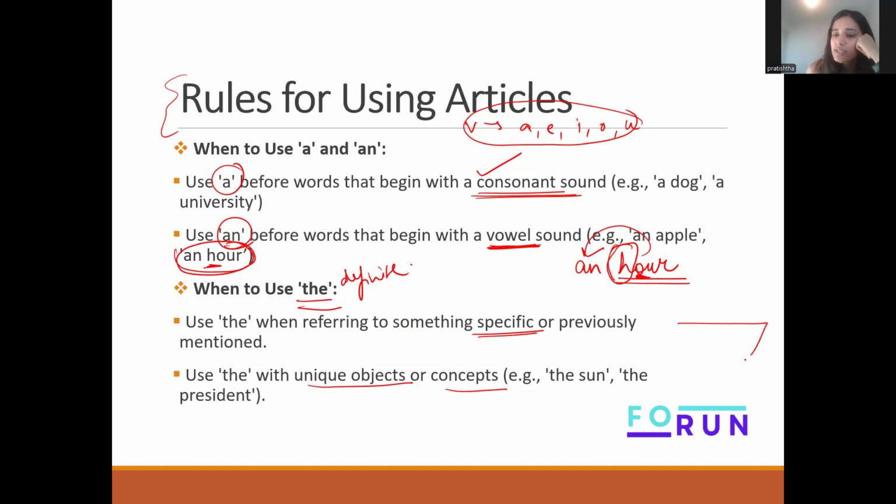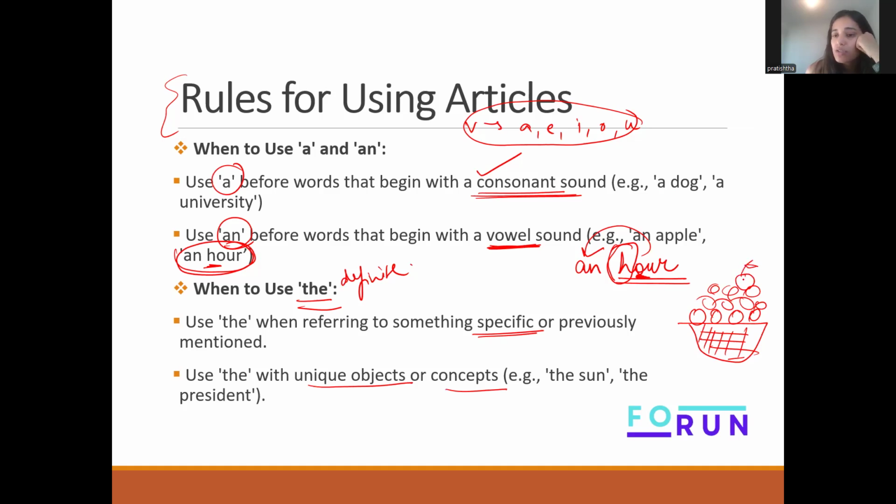For example, let's assume this is a basket, right? And then there are a lot of oranges in it. For example, these are all the oranges. Now, if I am talking about a unique orange, then I will use "the," right? For example, there is this one apple.